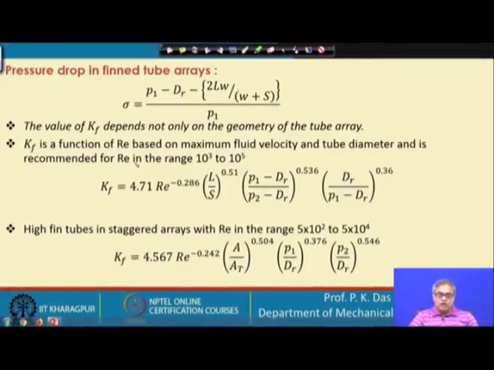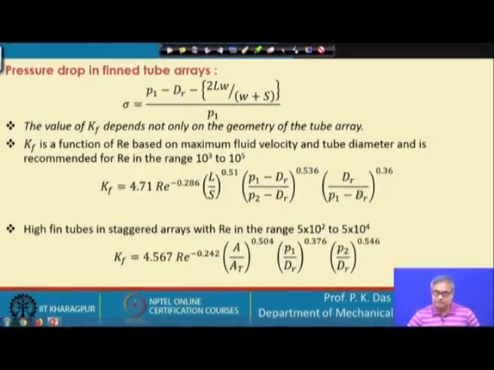So, the correlations that we will be showing today, though I have told that they need not be memorized, will hold good for most of the fin tube heat exchangers used in practice. So, K F is RE to the power some factor, then L by S, then the pitch will come into picture, and then the root diameter etcetera.